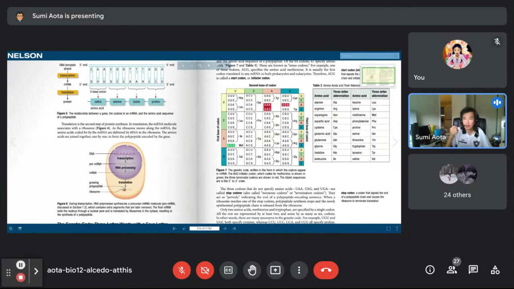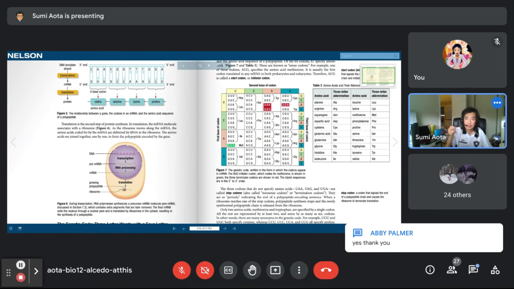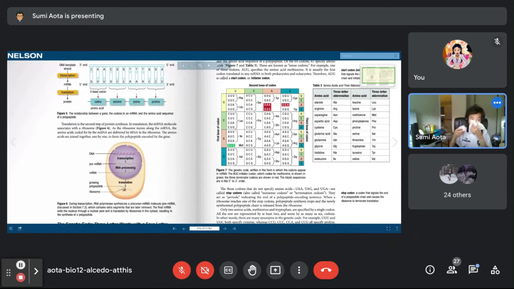Abby, can you see the table from my share screen? So I'll give you 10 minutes or so to try and figure this out?